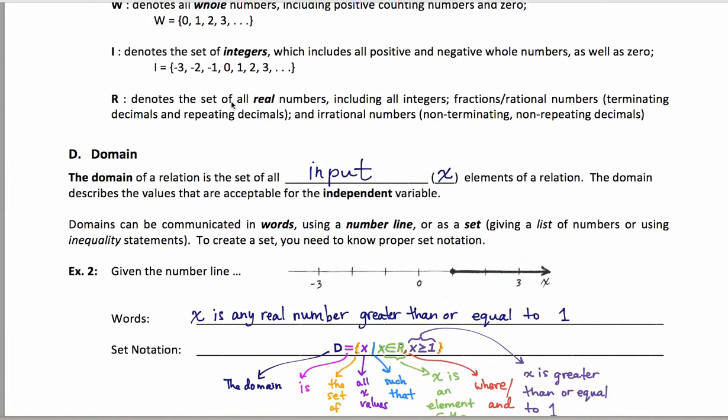Now we move into real numbers, which include all the integers. Okay, so also integers, whole numbers, and natural numbers include all that, but also include fractions or rational numbers. Okay, so numbers where you can put a numerator over denominator, and that includes terminating decimals like 0.25, which is 1/4, or repeating decimals like 0.333333, which would represent 1/3.